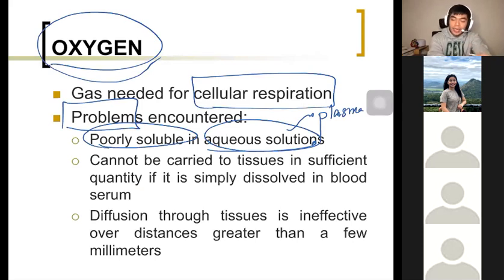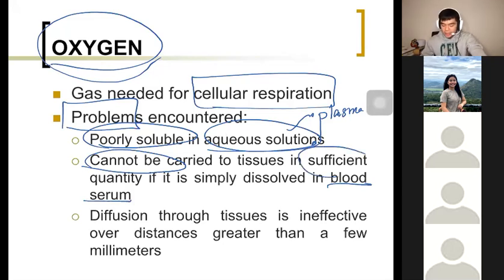Ang dugo natin ay aqueous, ang oxygen hindi siya humahalo doon. So kung hindi siya humahalo, hindi siya basta-basta madidistribute kasi hindi sila nagkakasundo ng dugo. Pangalawa, kung sakali mang sumama siya sa dugo, hindi significant yung quantity, hindi ganun karami ang nakakarating sa tissues.